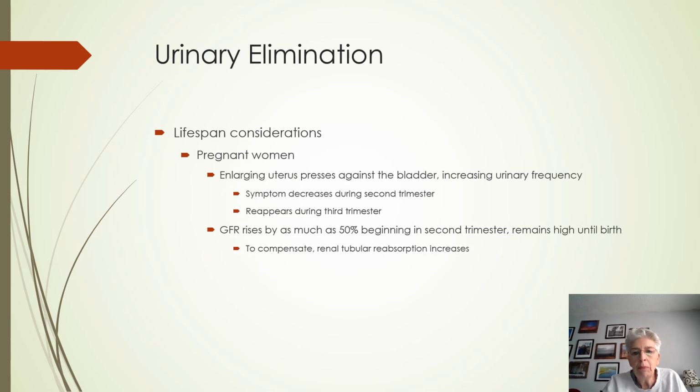Pregnant women, I've spoken to this, but as nurses, you will notice that by the third trimester, the weight and enlargement of the uterus pushes down on the bladder, and that increases frequency throughout the day.